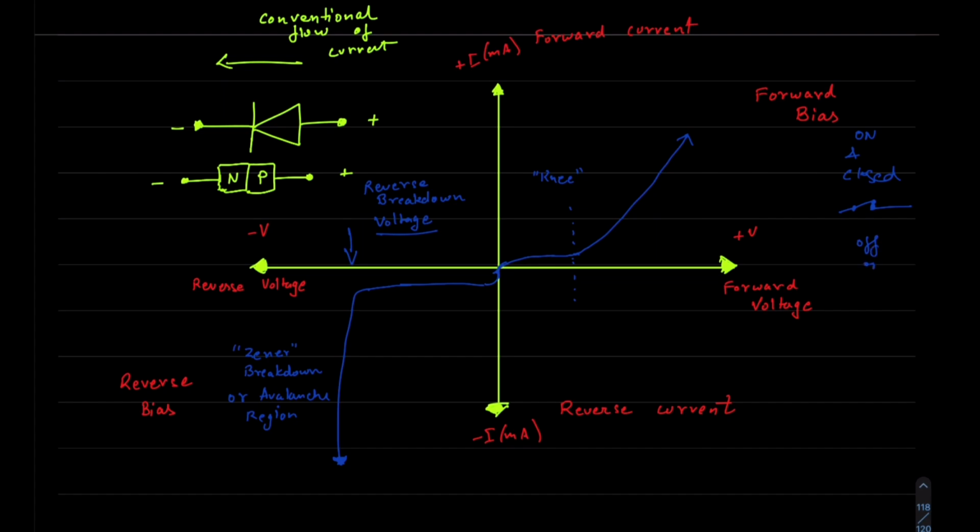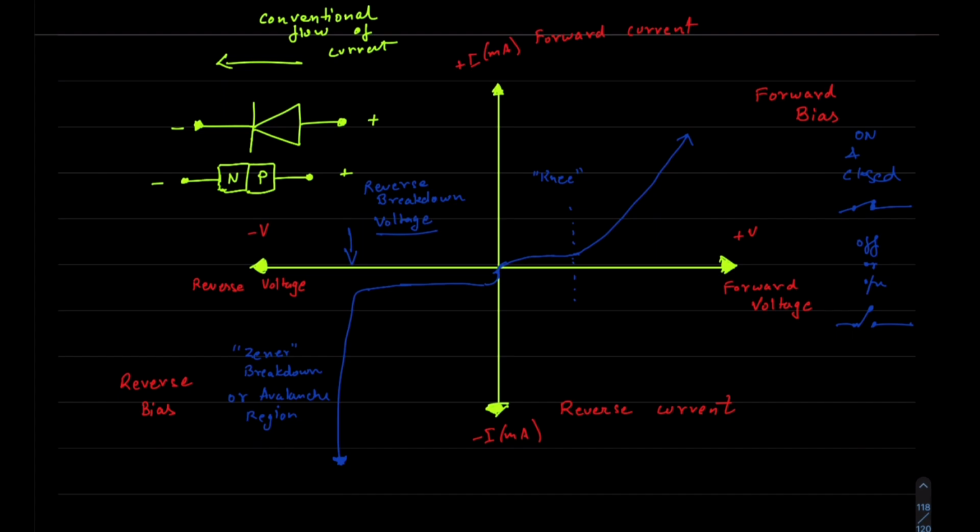Off or open is when there is some distance between the two switch ends. So that's called the off or open position.